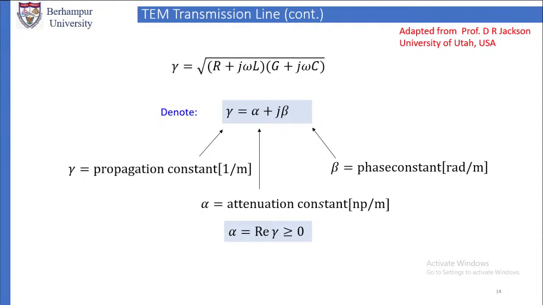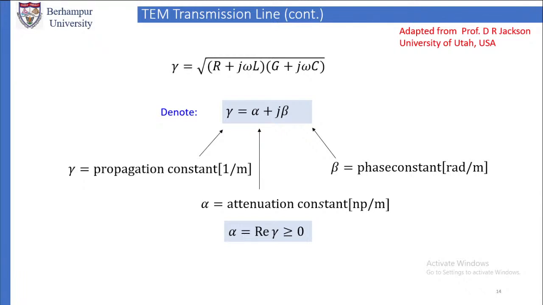Now, if for gamma we put alpha plus j beta, that becomes exponential minus alpha z into exponential minus j beta z. Minus j beta z corresponds to propagation, and it is related to phase.